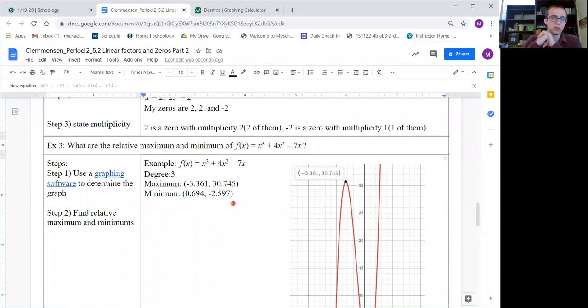Are there any questions on finding maximum and minimum? Again, just a reminder, we plug it into our graphing calculator. I like to use Desmos. If you have something else you like to use, then you can use that. And then you graph it. Once it's graphed, then you just look for your top points and your low points.